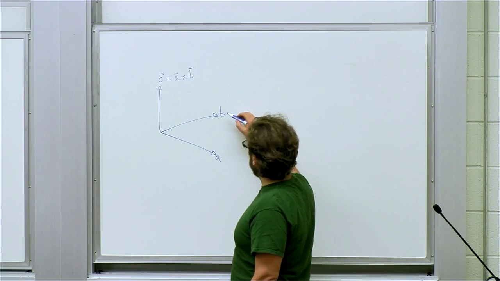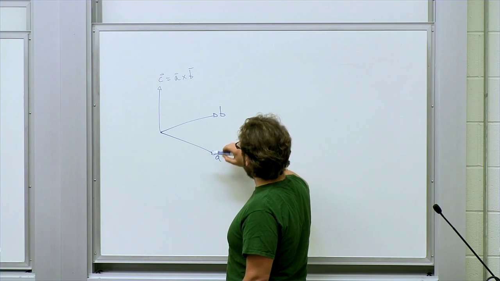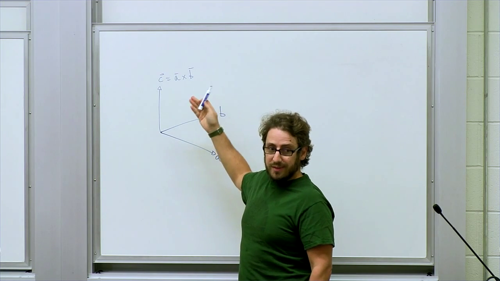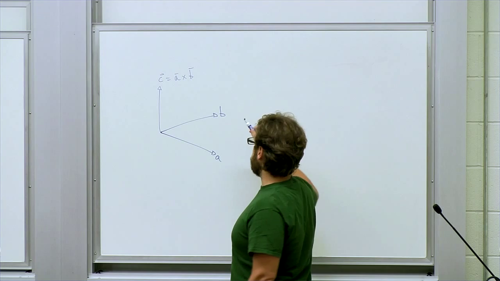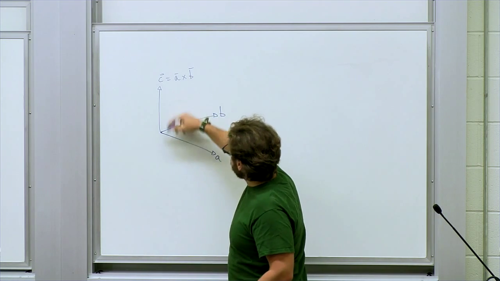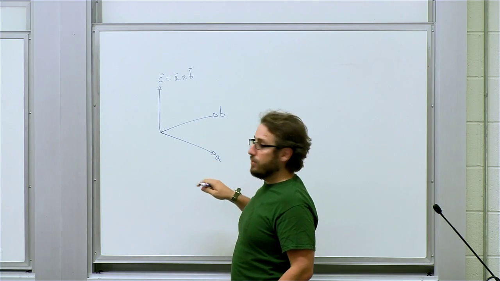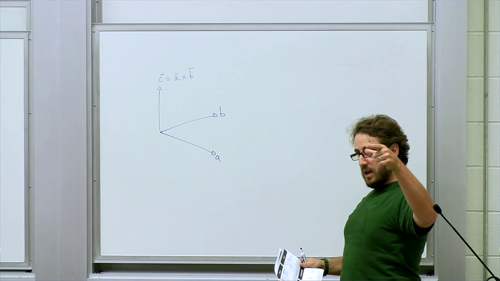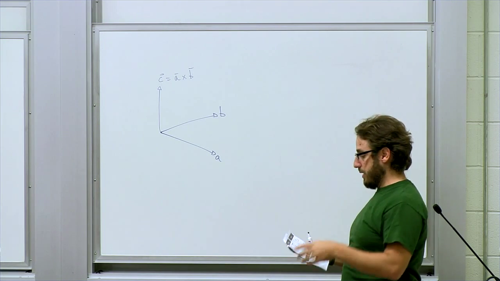Interesting things about the cross product is that you get a vector. Remember, a dot product, A dot B, you get a number, it's a scalar, just a value, it doesn't have a direction. This has a magnitude and a direction, and the direction is perpendicular to both. So A and B, two vectors, are enough to define a plane, and the cross product is perpendicular to that plane.